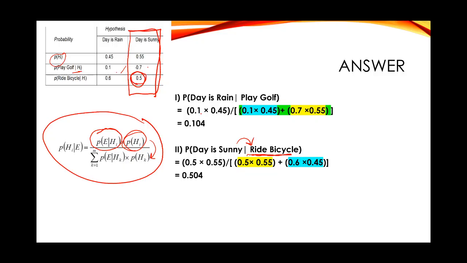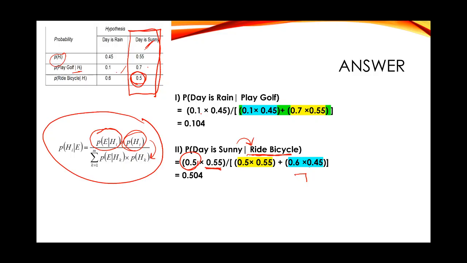So what is the probability of riding bicycle here? That is 0.5. So we have to write here 0.5 times probability of the hypothesis. Our hypothesis is day is sunny, so that is why it becomes 0.55 here. And then over event occur, event does not. This is positive and this is the negative.